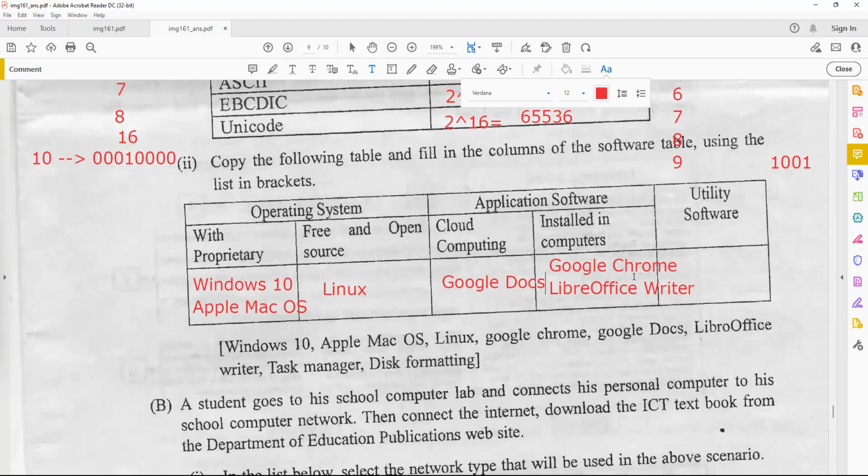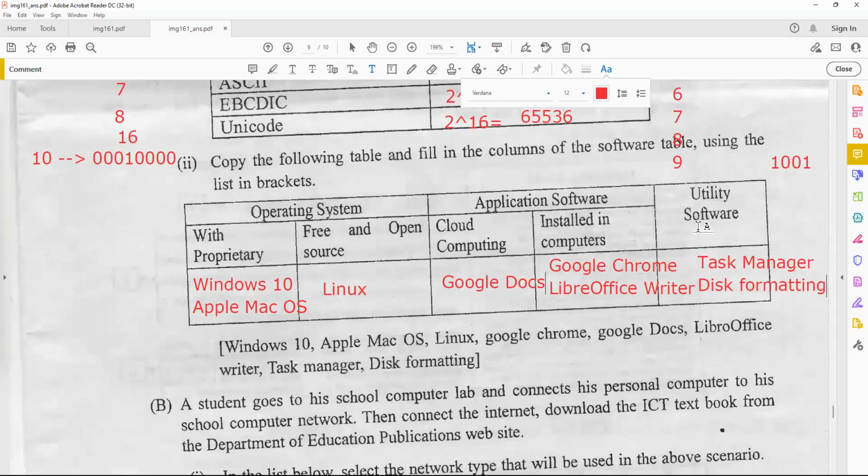So what is left is utility software. So what are the utility software remaining? Task Manager and disk formatting. Exactly. So we can use Task Manager. We are left with Task Manager and disk formatting.